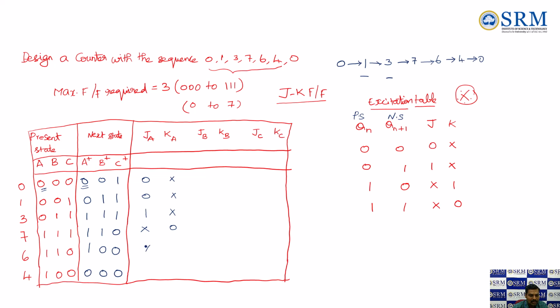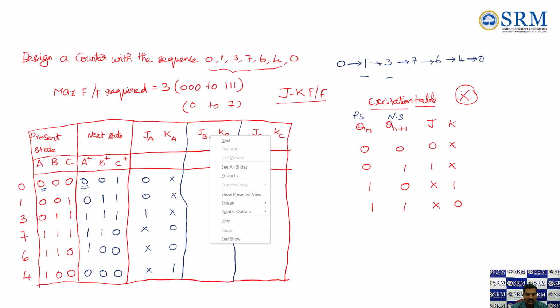Again both are 1 X 0. Next 1 0, X 1. So these things I am obtaining from the excitation table. Okay, so I can write it for JBKB as well as JCKC. Now I have to use another color.